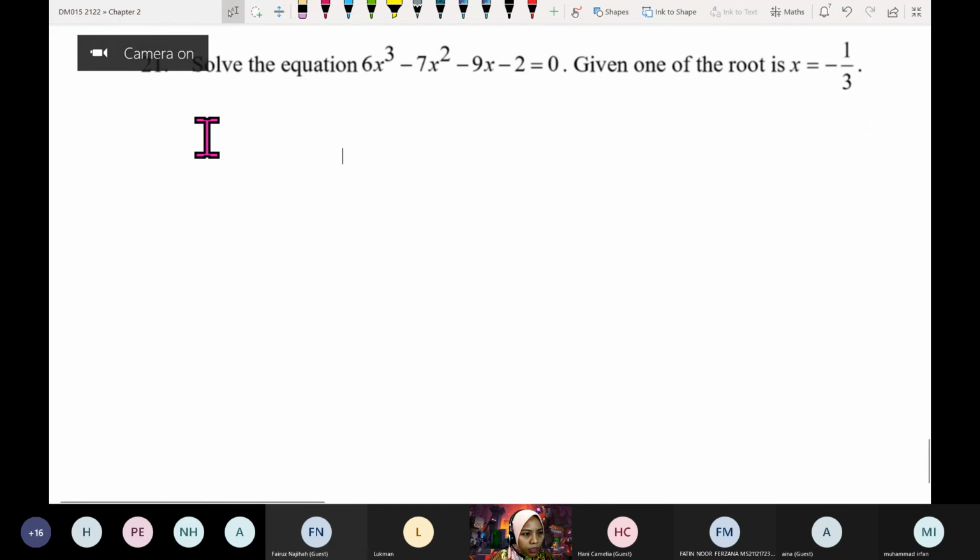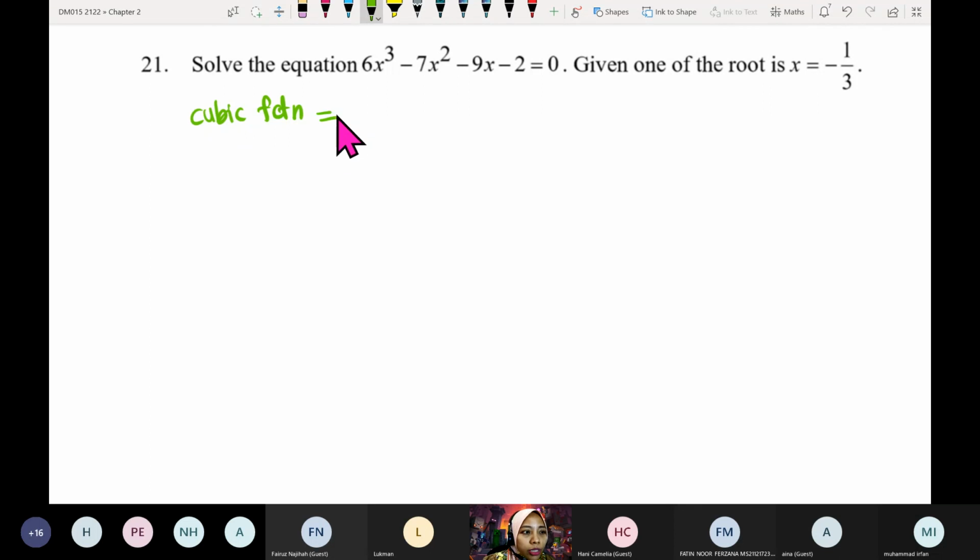Okay. Solve the equation given one root is x equals negative 1 over 3. When given a root, in solving a cubic function, the method is the same: either you use a calculator or you use long division.